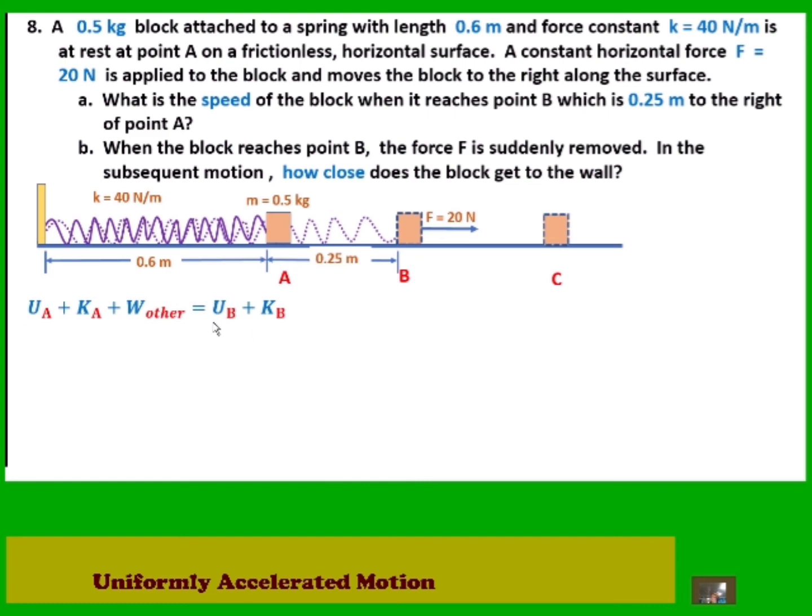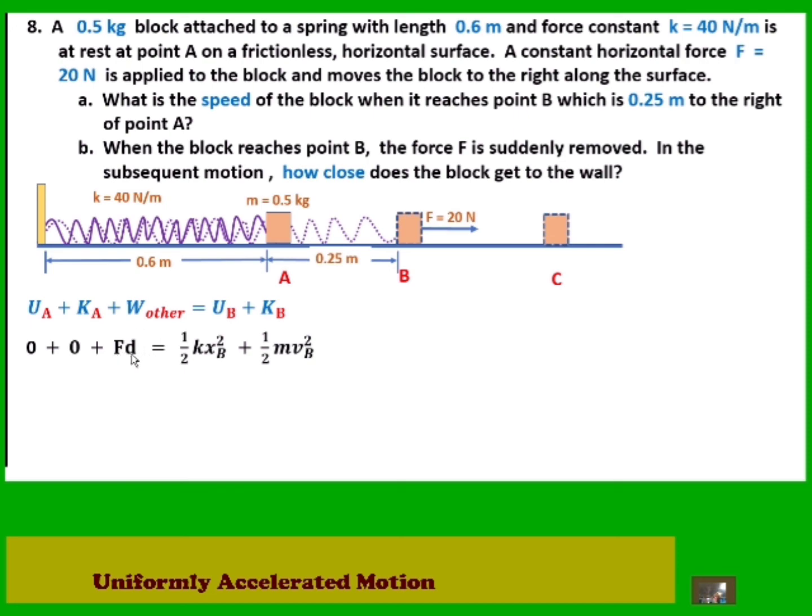Let us consider the motion of the block from point A to point B. So from the energy conservation principle, the potential energy at point A is equal to 0. Kinetic energy at point A is 0 since it starts from rest. There is other work done on the block due to the applied force equal to 20 newtons.